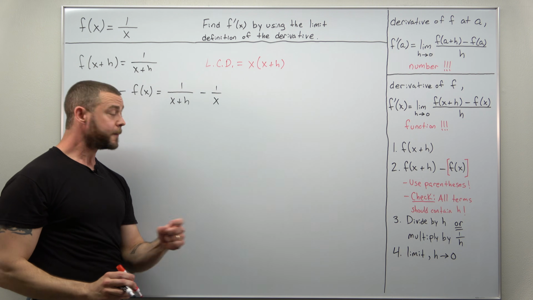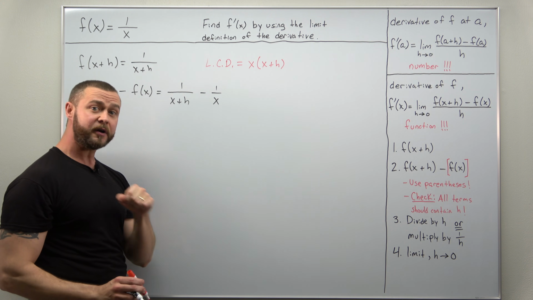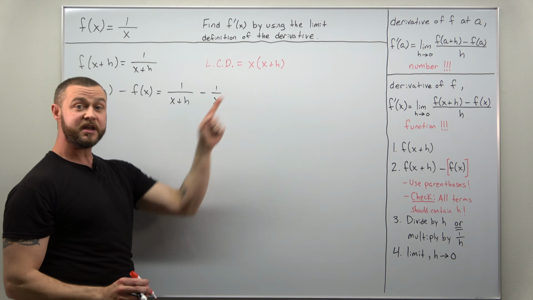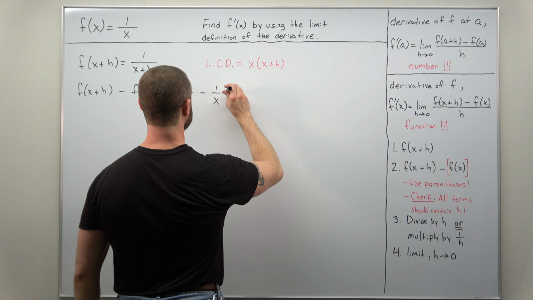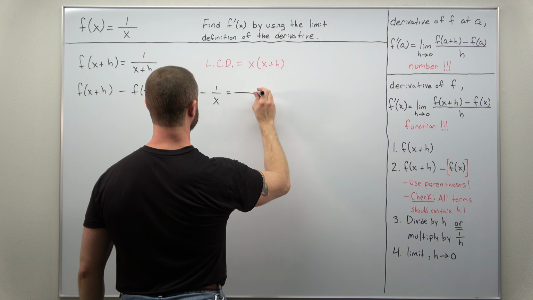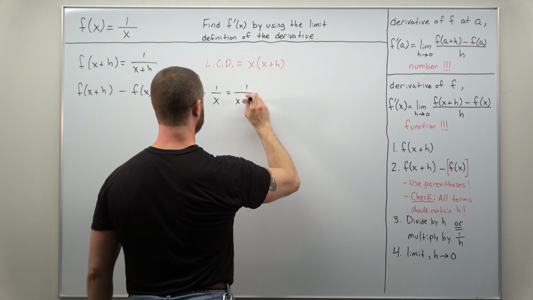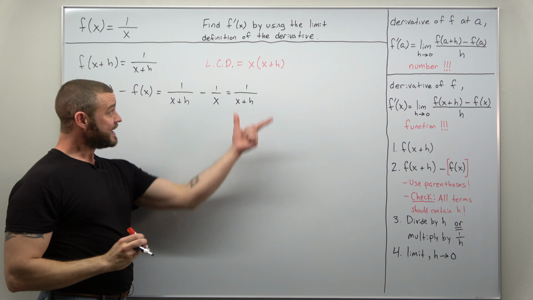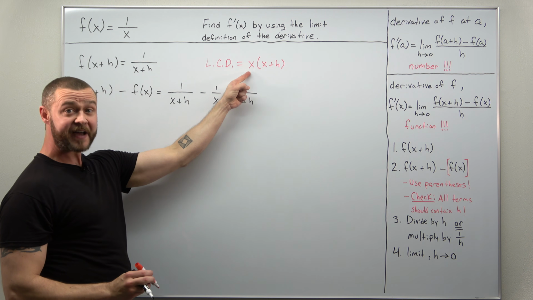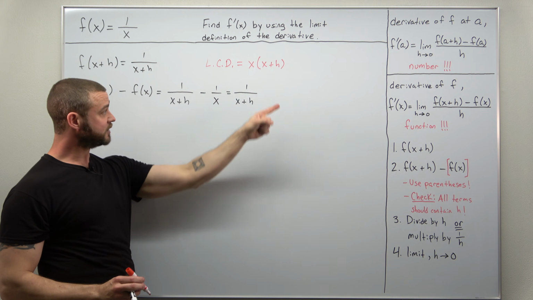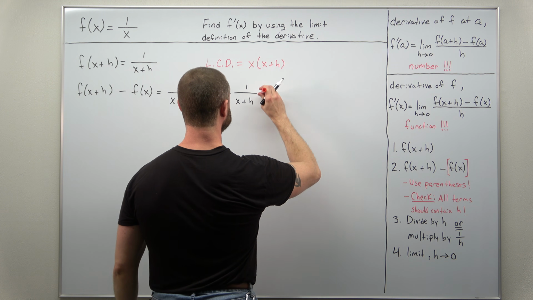All right, and the work is just taking each fraction and multiplying numerator and denominator by the missing factors that would give you that LCD. Let's go ahead and write this out. All right, our first fraction is 1 over x plus h. And to get this LCD, we would need a missing factor of x in that denominator. So let's multiply the numerator and multiply the denominator by x.